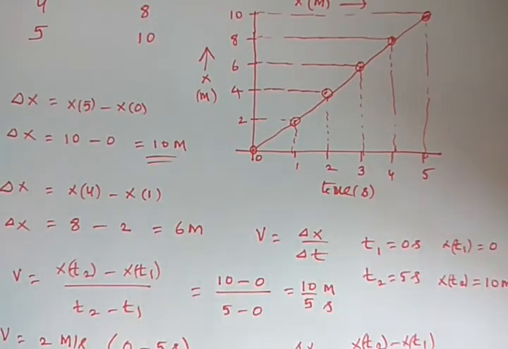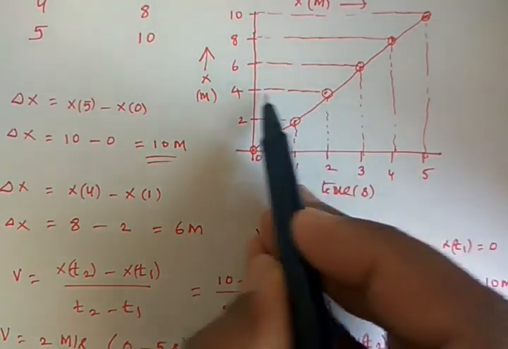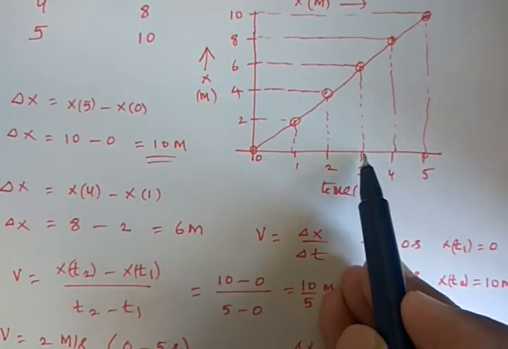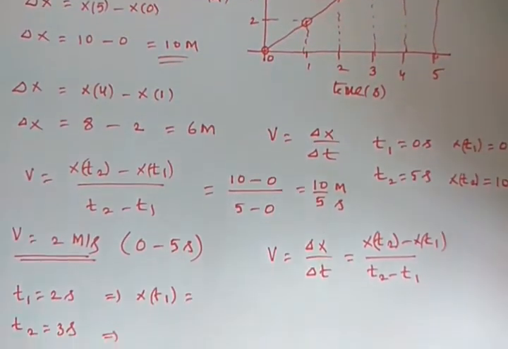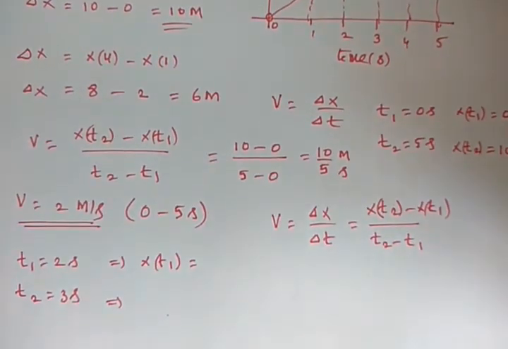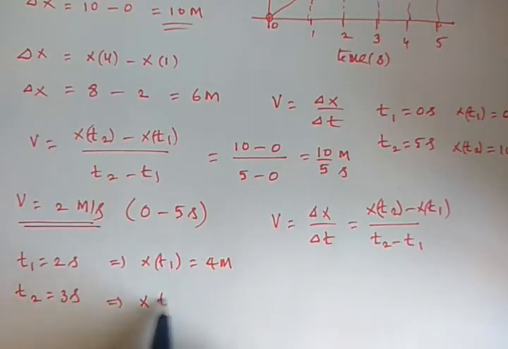The corresponding position is 4, and when t2 equals 3, the corresponding position is 6. So now x of t1 equals 4 meters, and x of t2 equals 6 meters.